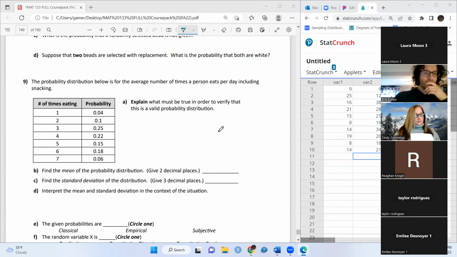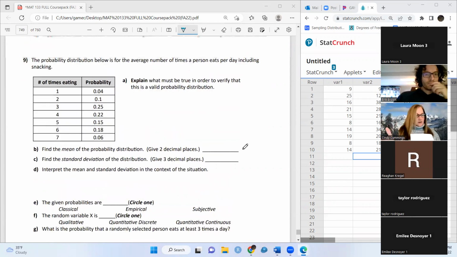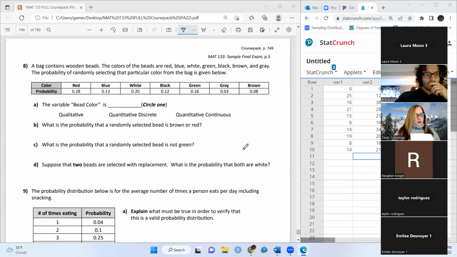If it's the probability of brown or red, remember there is a special word there: or. What will you do to those two numbers? I add.